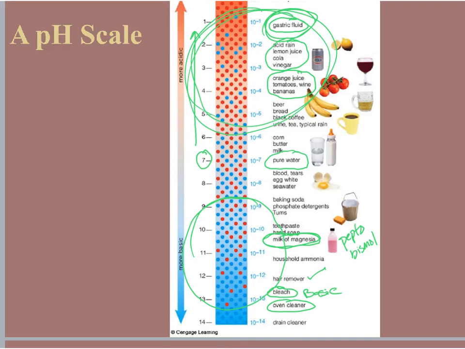Both very basic substances and very acidic substances can cause damage. So safe things, at least as far as not causing harm to people, are right there in the middle.